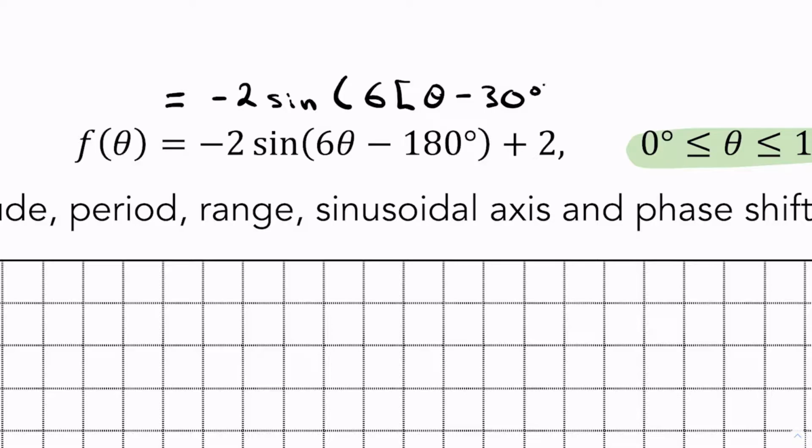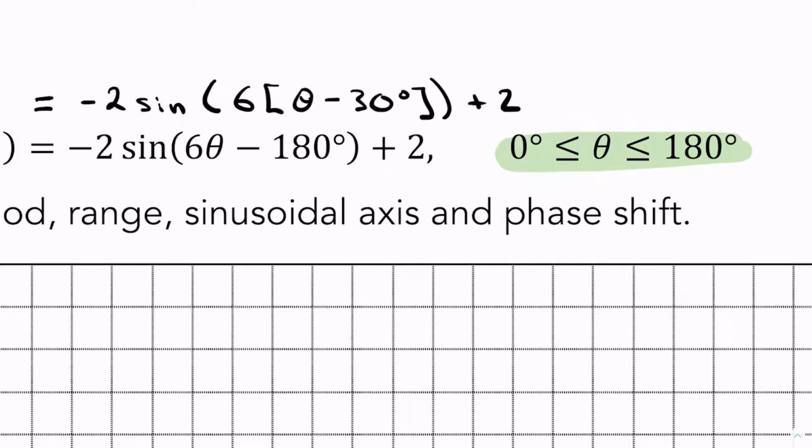That'll give me 30, close bracket, and then I get a +2 over here. Okay, so from this we can see all our important values, namely we have a is equal to -2, the b value is 6, the h value is 30, and the k value is 2.